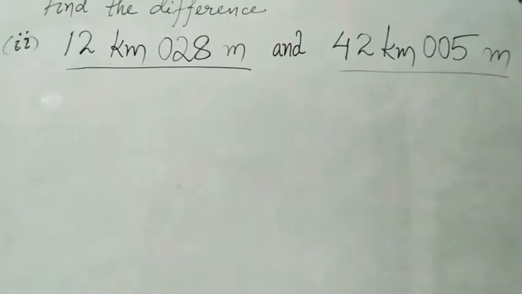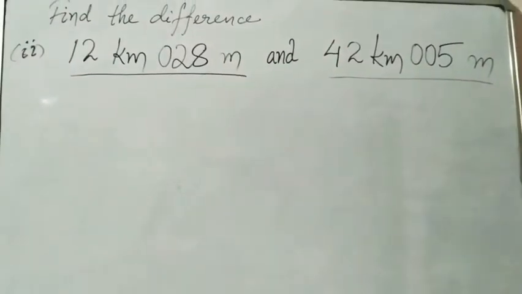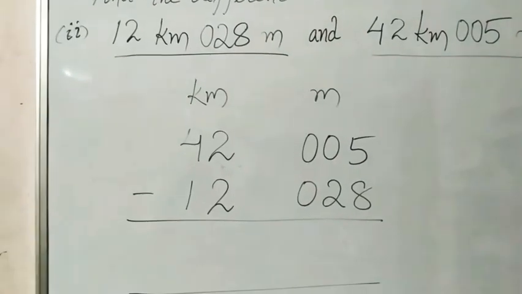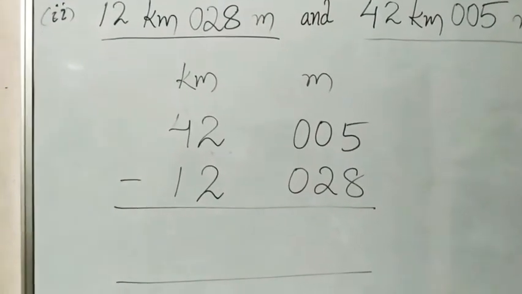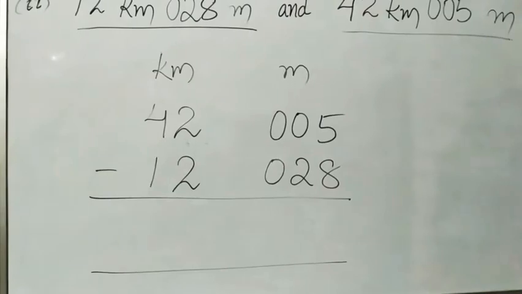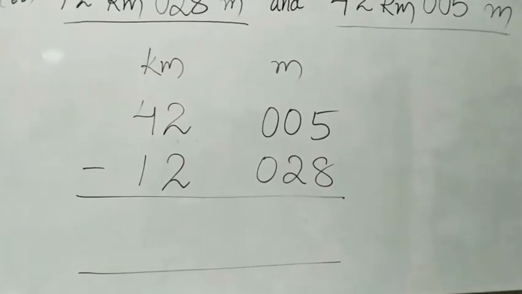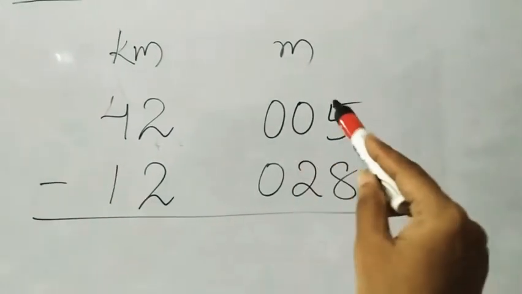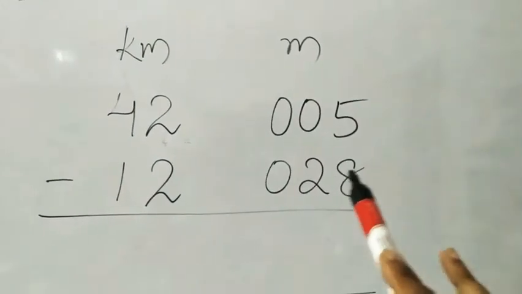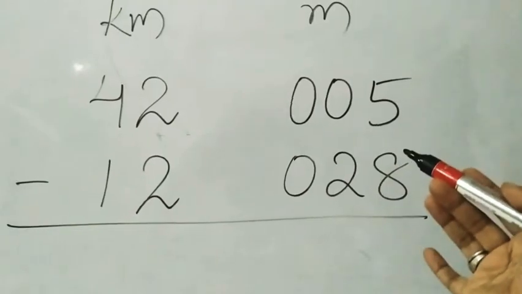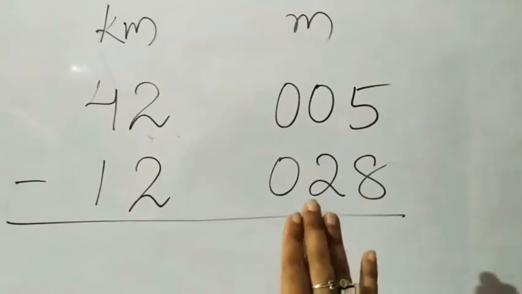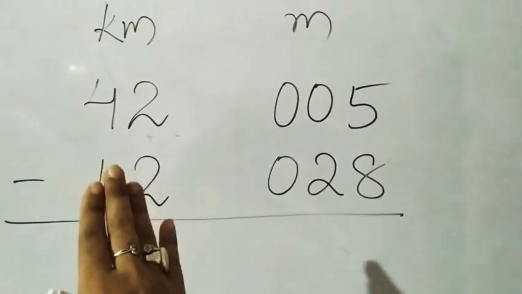Until and unless you put the zeros, do not go for subtraction. Now let me write it out. How to start subtracting. Now you see I have written it. Now my question is ready to start operating. In meter you see 005 and 028. Before subtraction I told you if the upper one is smaller then you cannot subtract, so you have to borrow.